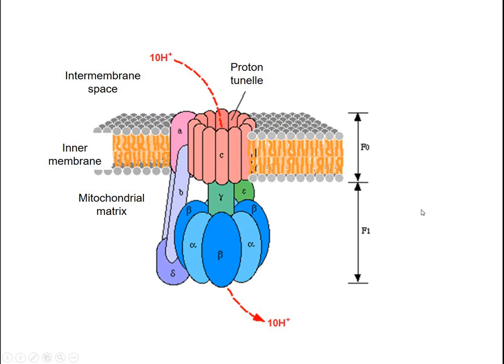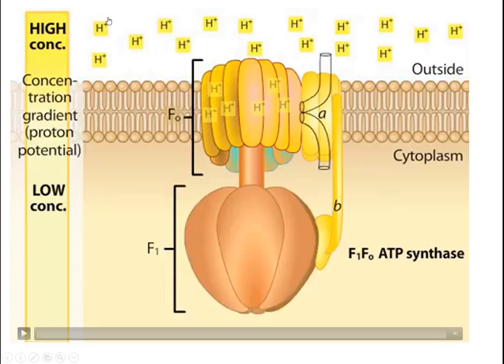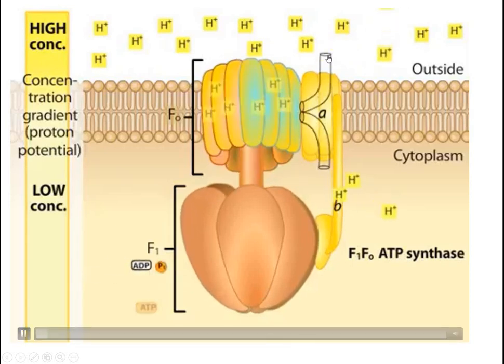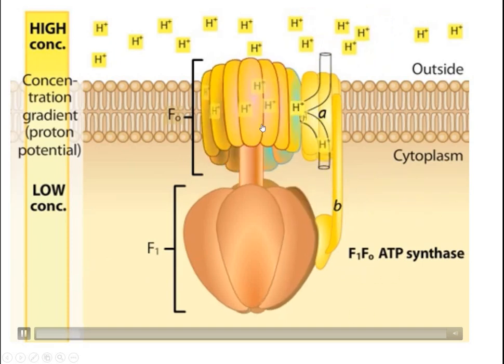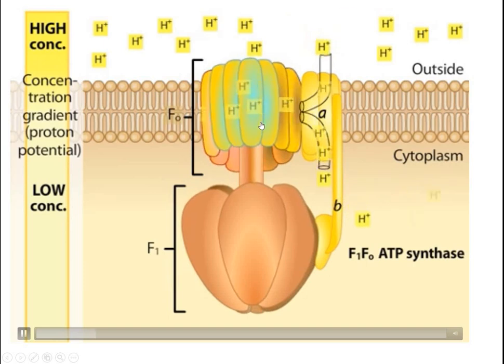So let's explain in movement. Here we can see the situation where inside the mitochondrial membrane, the concentration of protons is low, and outside the mitochondrial membrane, the concentration of protons is high. So the ion channel is open inside the oligomycin dependent subunit. It begins to turn around its own axis.